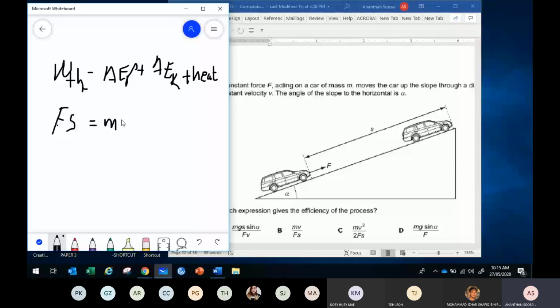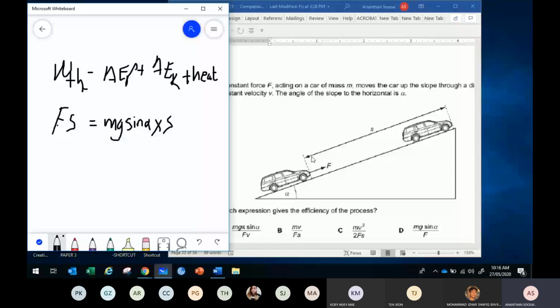Mg sine alpha multiplied by S is the gain in potential energy. Or we can use mg times the vertical height, but here S is there, so we use the component of the weight along the slope times S.